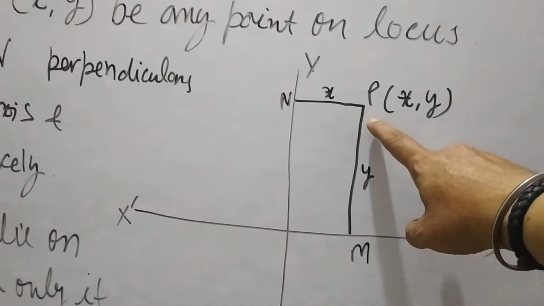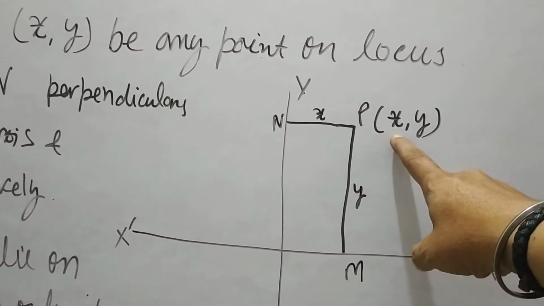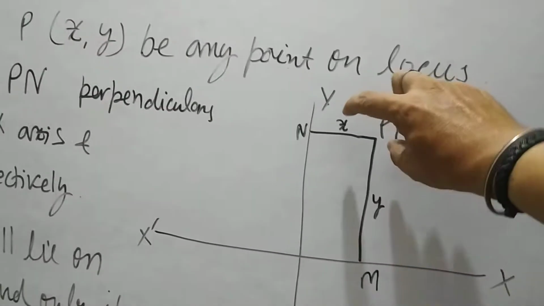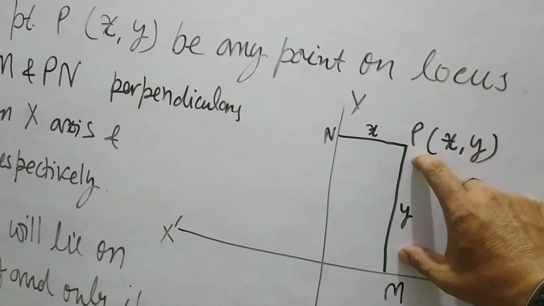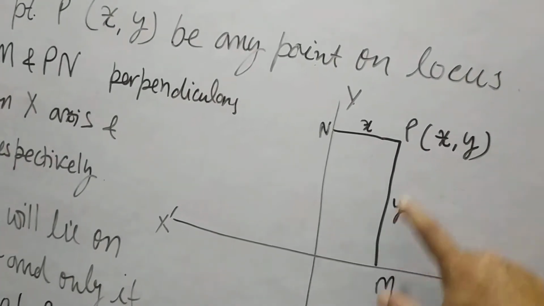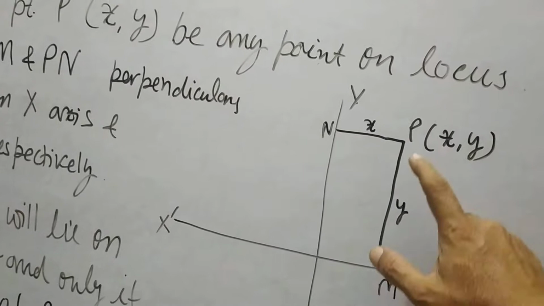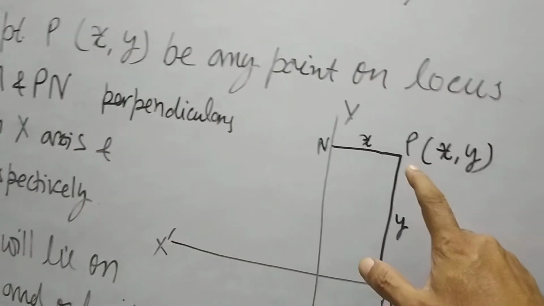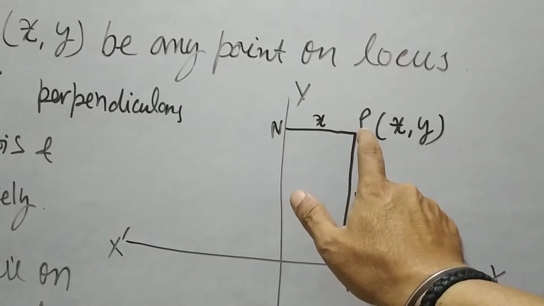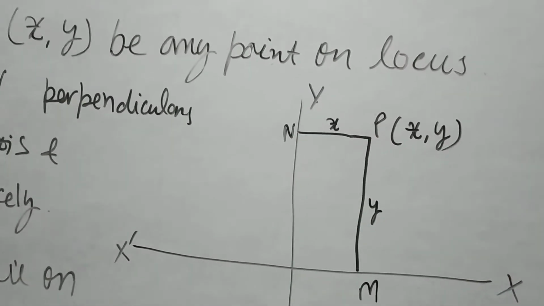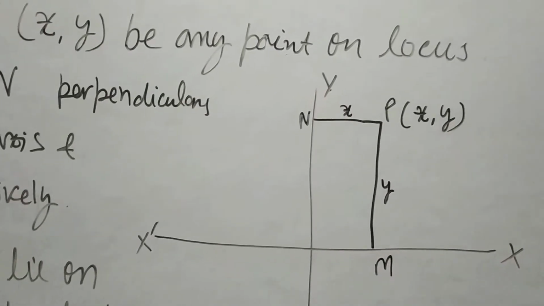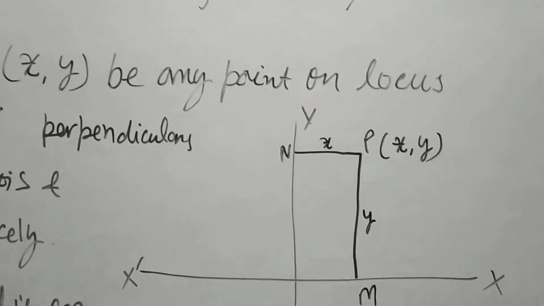We have taken a point P whose coordinates are (x, y). The condition is that this distance from P to M is equal to 3 times the distance, that is PN. That's the given condition in the question.